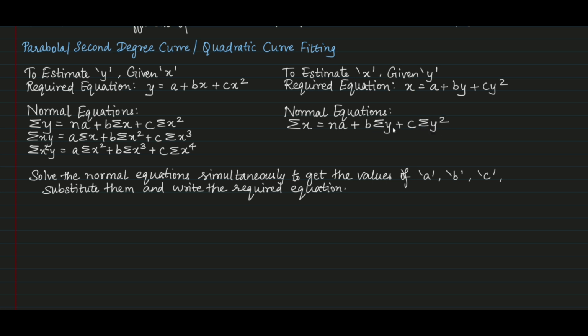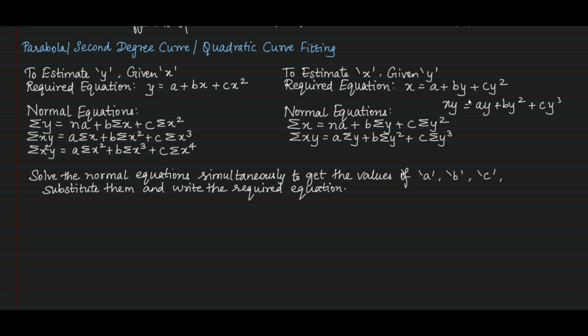Then, to get the next normal equation, we multiply the required equation by the independent variable. Then we take the summation. Here the independent variable is y, so it will be xy is equal to ay plus by square plus cy cube. So taking summation of this will be summation of xy is equal to a summation y plus b summation y square plus c summation y cube.